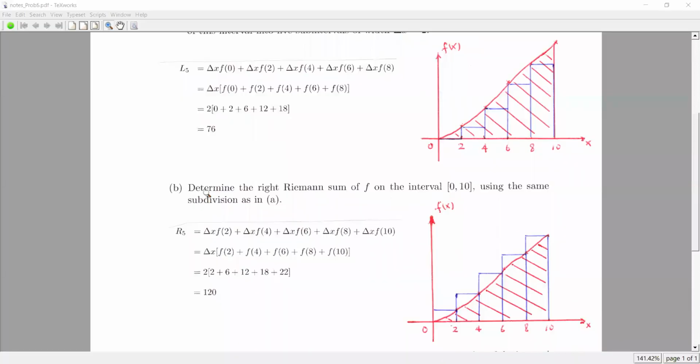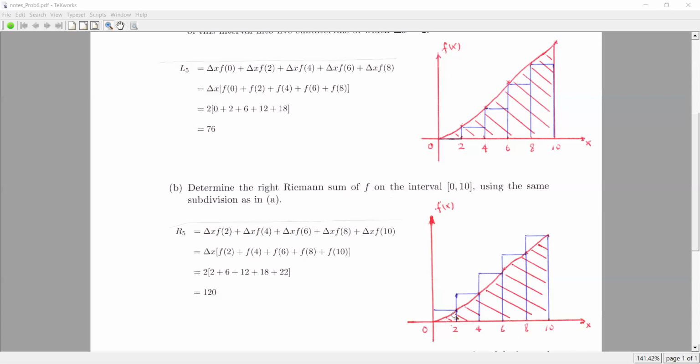Part B. Determine the right Riemann sum of function f on the interval from 0 to 10 using the same subdivision as in Part A. In Part B, on each subinterval, we are required to build a rectangle by using the function value at the right endpoint of the subinterval.